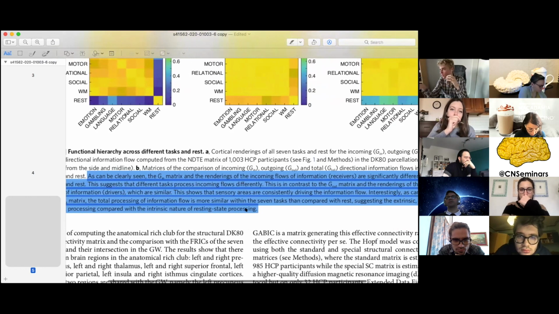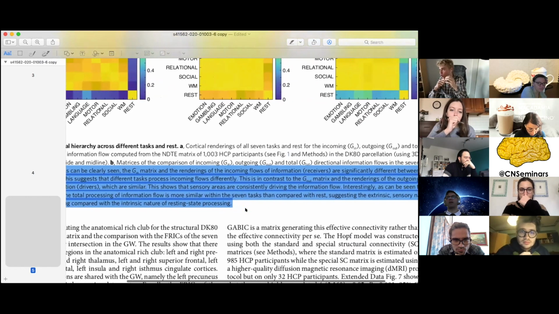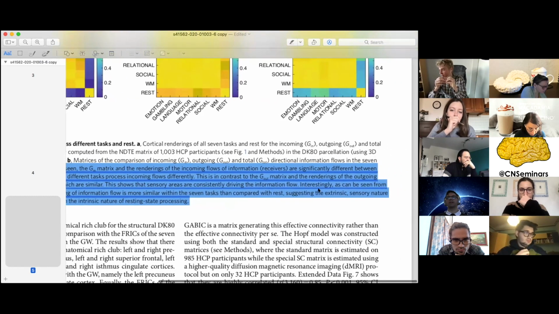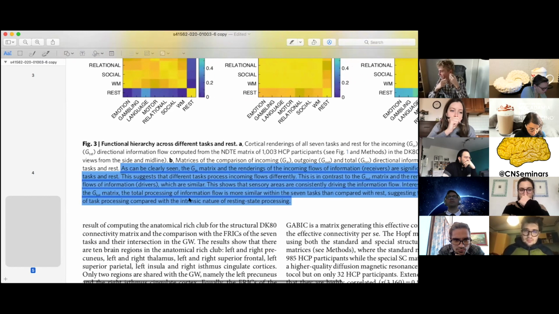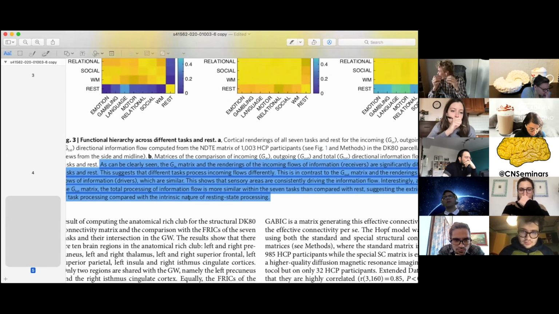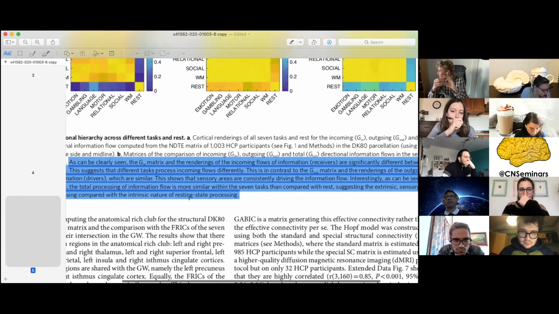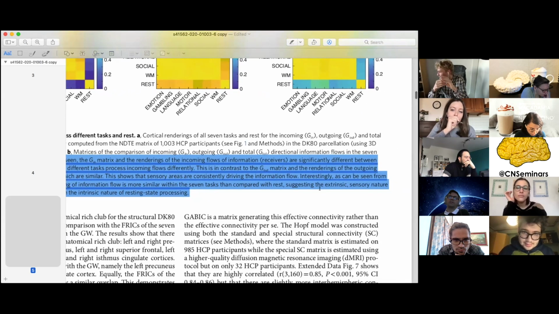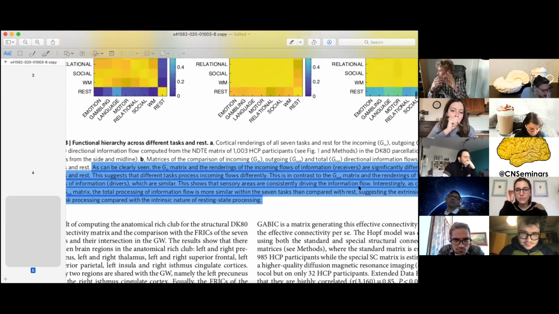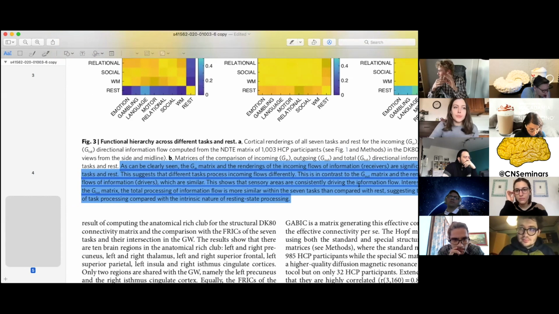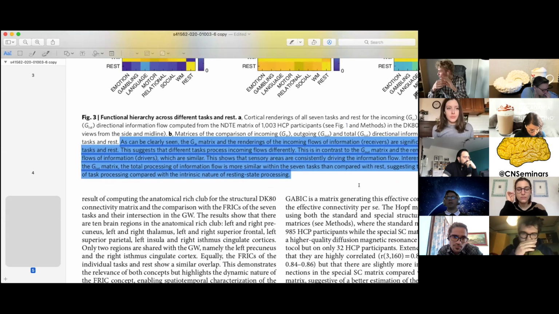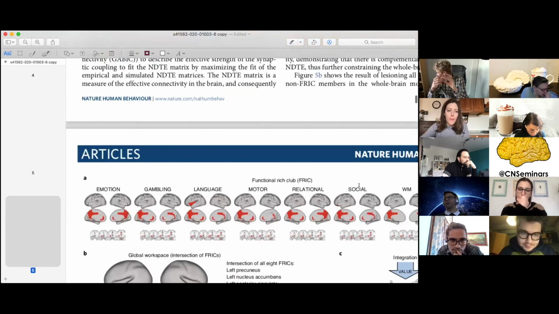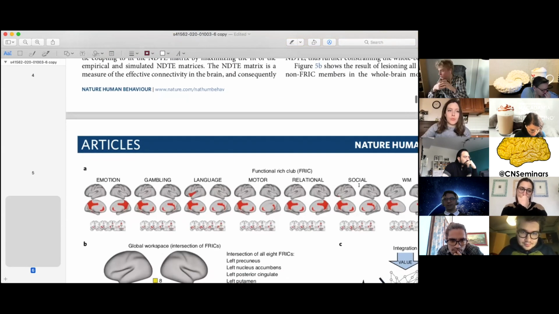This shows that sensory areas are consistently driving the information flow. Interestingly, it can be seen from the G total matrix that the total processing of information flow is more similar within the 7 tasks than when compared with rest, suggesting the extrinsic sensory nature of task processing compared to the intrinsic nature of resting state processing. So your brain functions differently when you're doing things than when you're not doing anything.